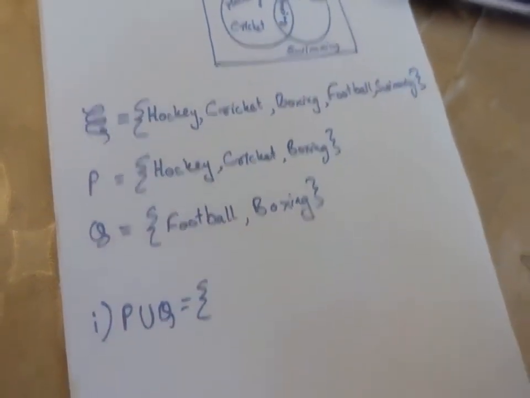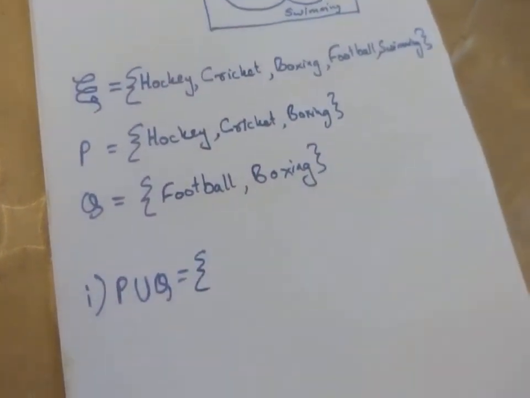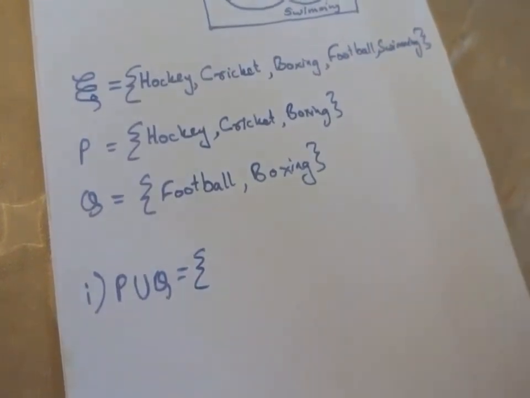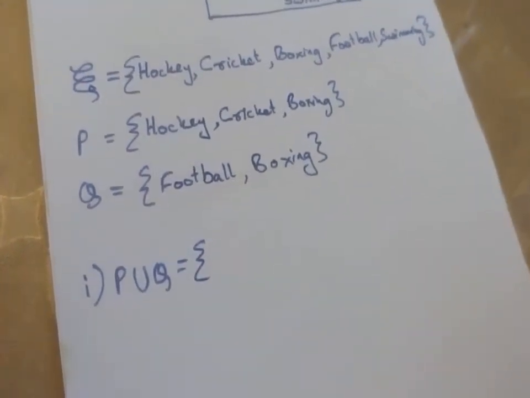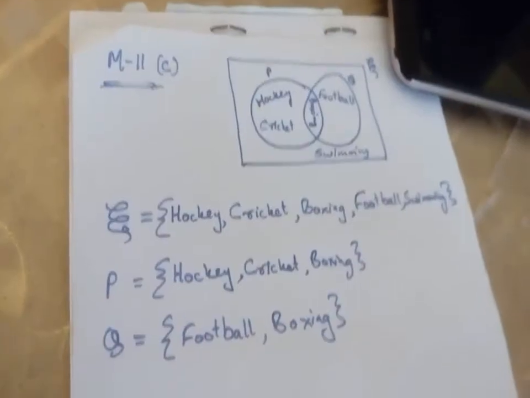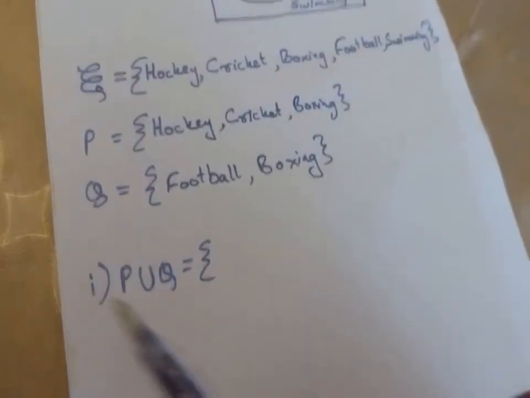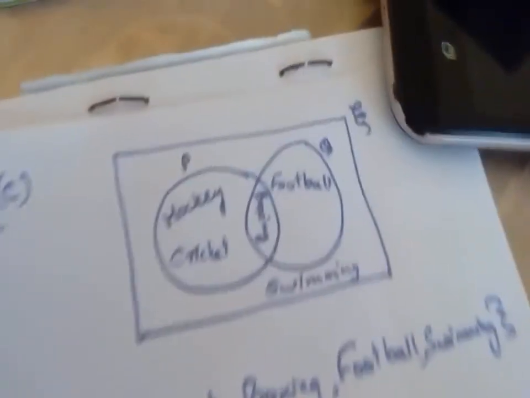In this type of problems in module number 11, there will be some problems which you can solve directly by looking at just the Venn diagram. So P union Q. Look at the Venn diagram.